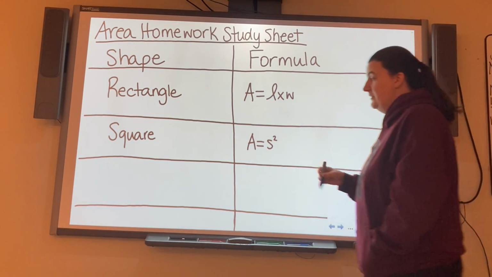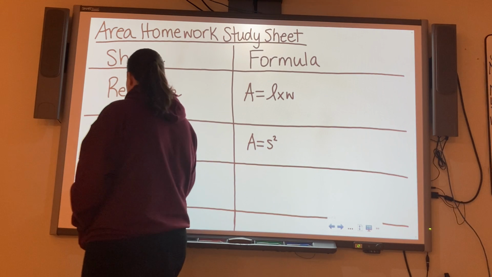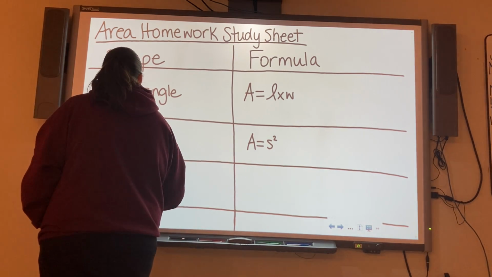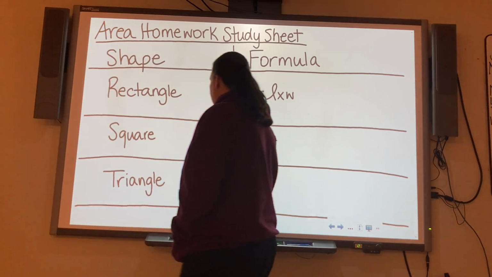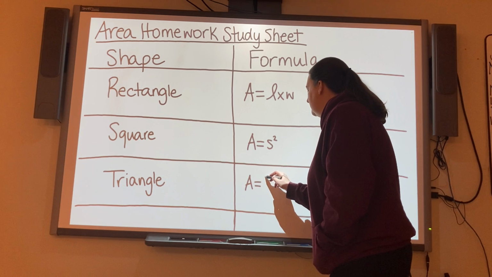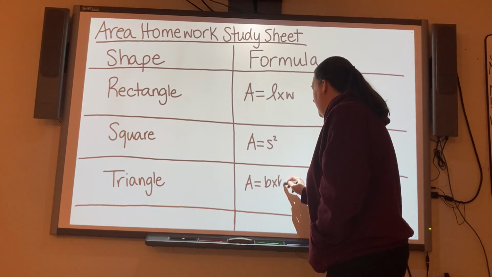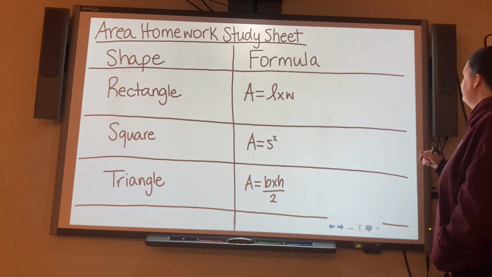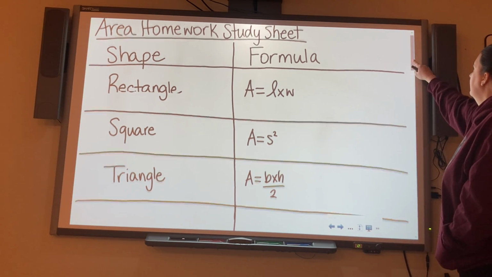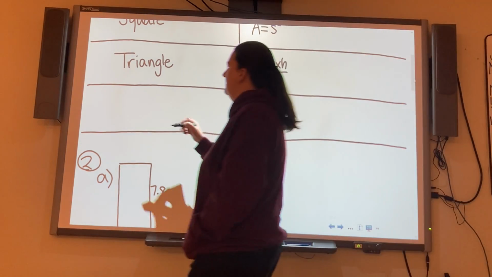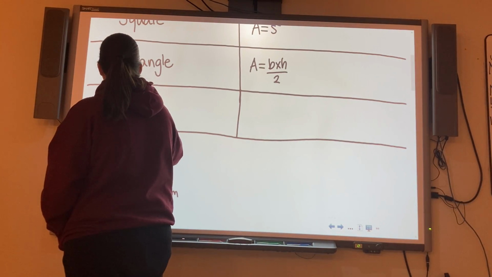The next shape we learned was a triangle. And the formula for a triangle is A equals base times height divided by 2. The last shape that we learned was a circle.